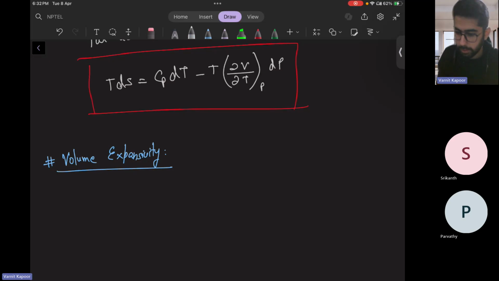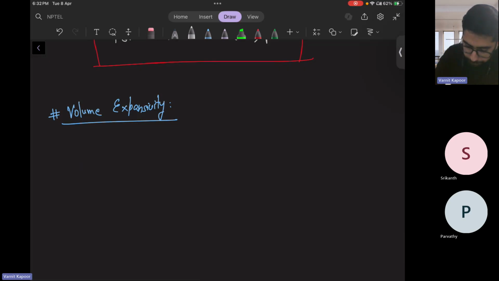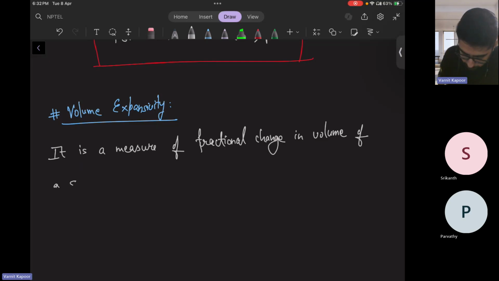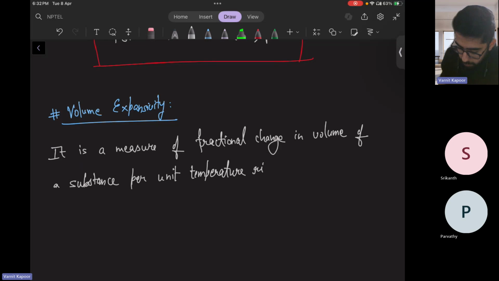Let me write here. It is a measure of fractional change in volume of a substance per unit temperature rise, which indicates how much a substance expands or contracts with temperature changes.